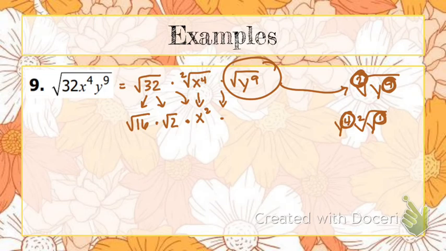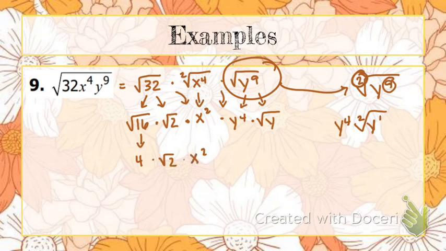So let's pull what we figured out back over here. So y to the 9th breaks down into y to the 4th times the square root of y, because the 2 is understood and so is the 1. We're not done simplifying because the square root of 16 is just 4. So we have 4 times the square root of 2 times x squared times y to the 4th times the square root of y.